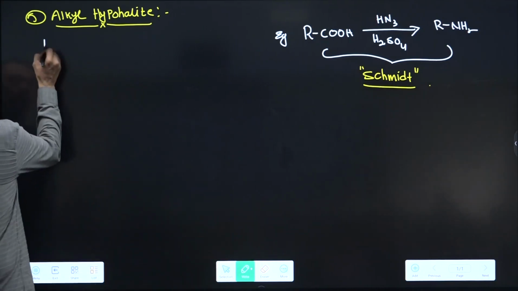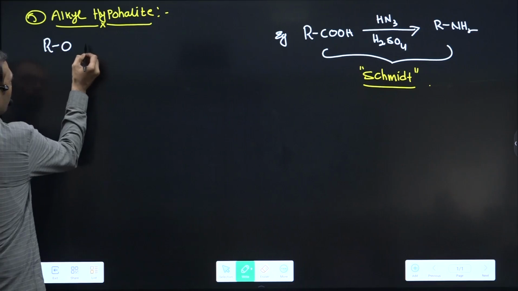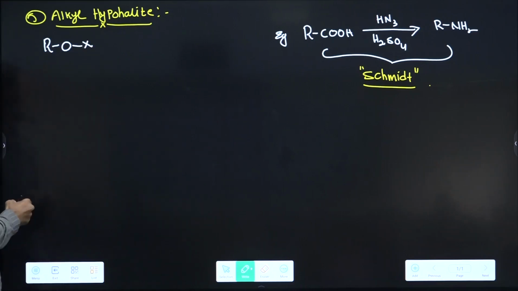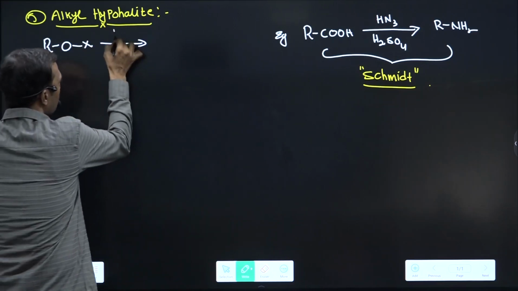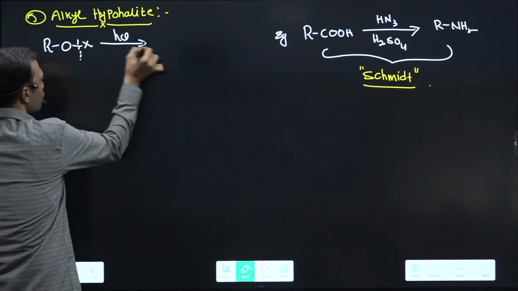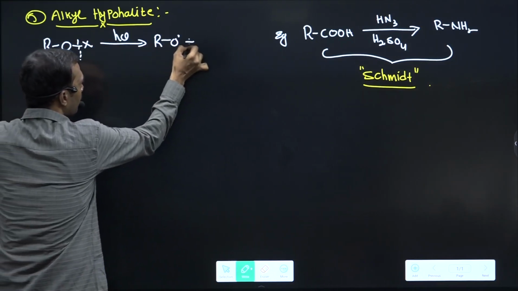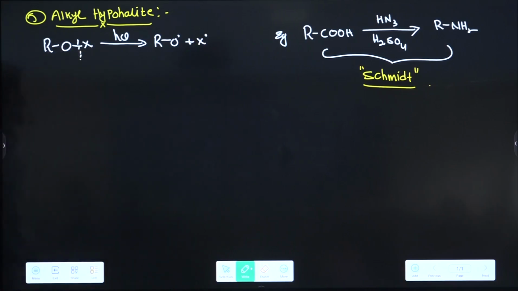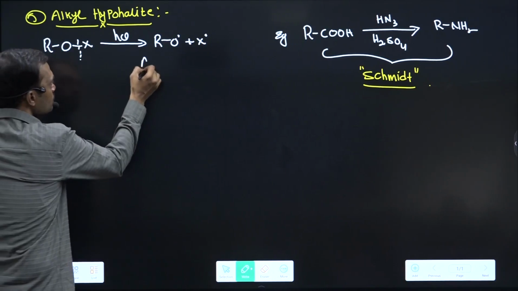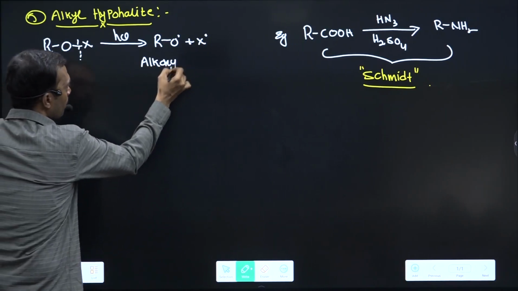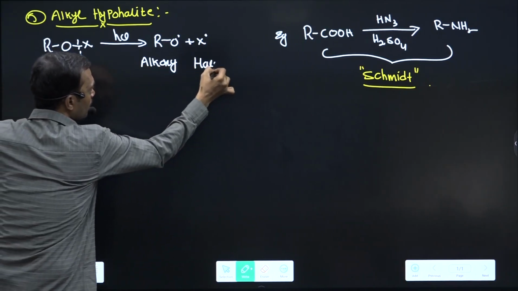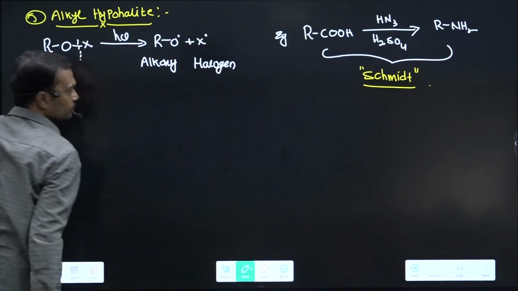See, this is called alkyl hypohalite, ROX. When alkyl hypohalite undergoes photolysis, there is a generation of alkoxy radical and halogen radical. These points you need to remember.